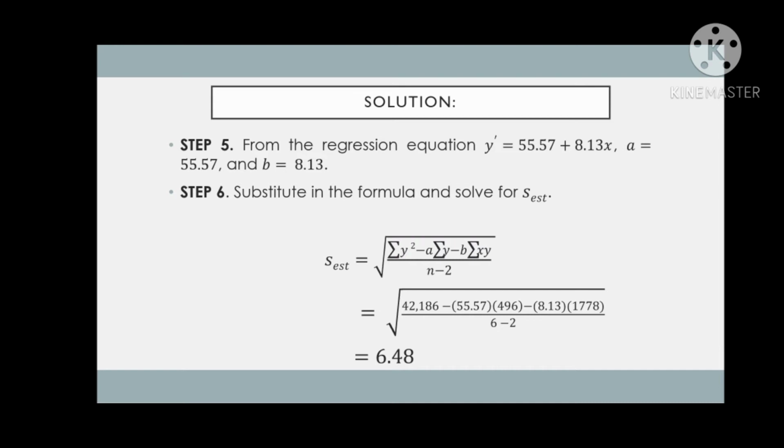Ang answer is 6.48. The result is the same as the first result using the first formula. The only difference is the decimal point. Any of the two formulas we can use to solve the standard error of the estimate.